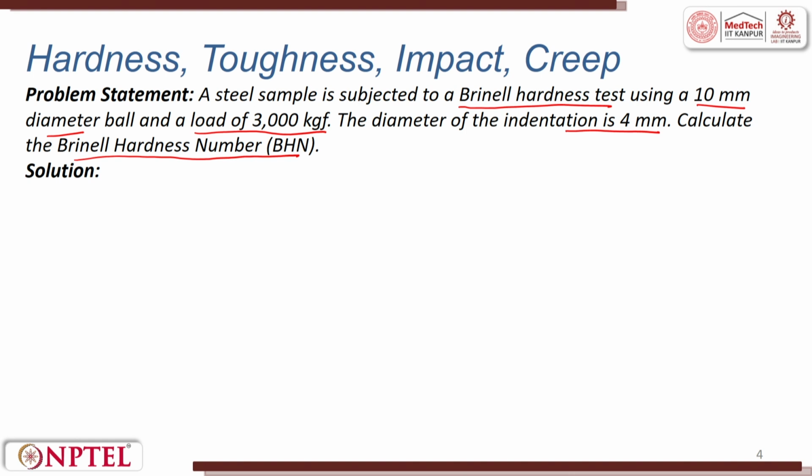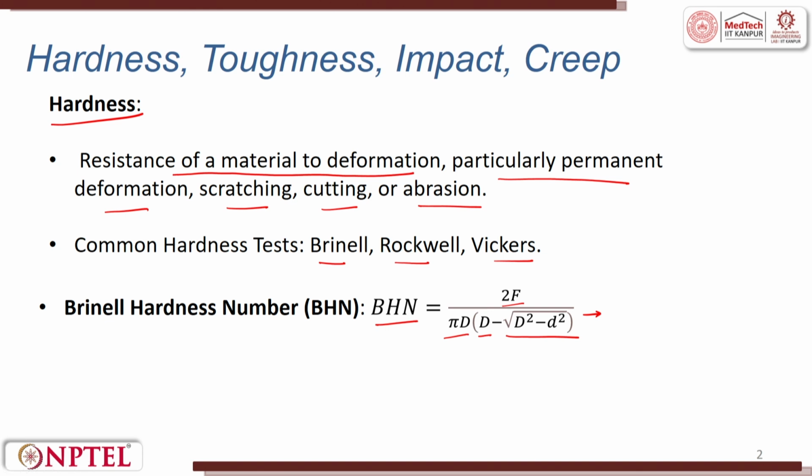So, here BHN is to be found. I have capital D as 10 millimeter, the ball diameter, and small d as 4 millimeter, the indenter diameter, and this is F, the force, the load that is being applied.